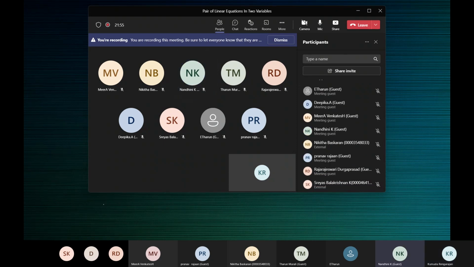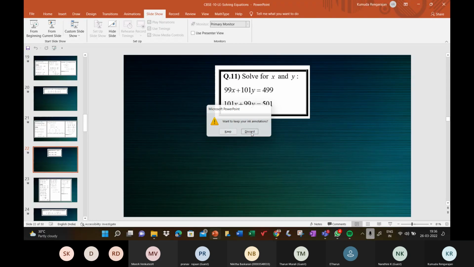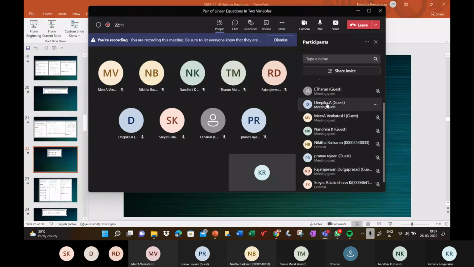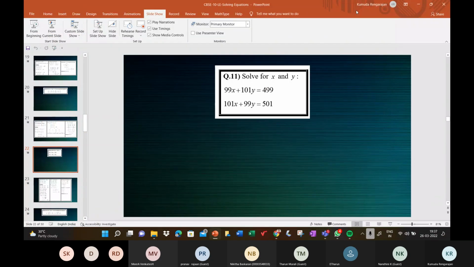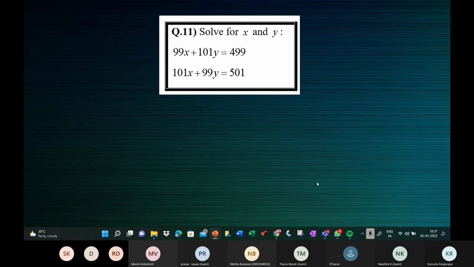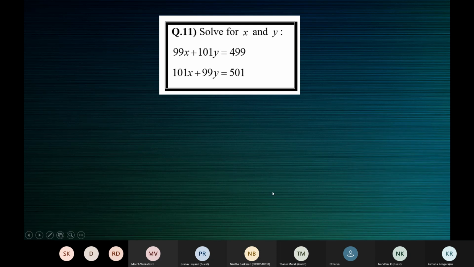Nandini? Ma'am, I too got x is equal to 3 and y is equal to 2. X3 and Y2, is it? Okay. All right. Others?